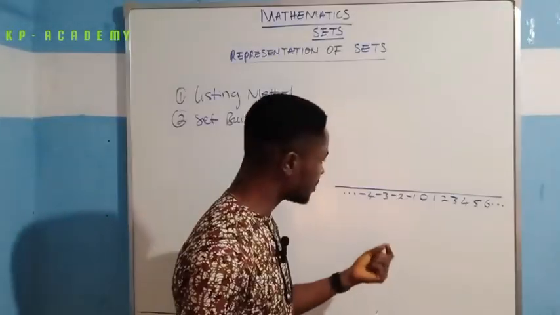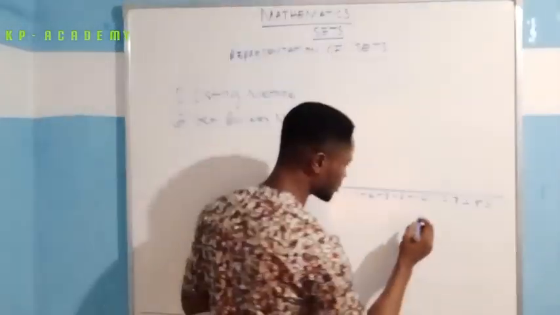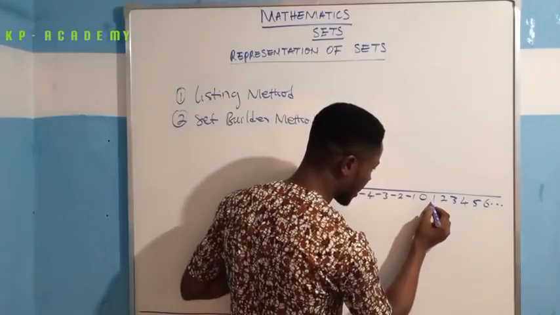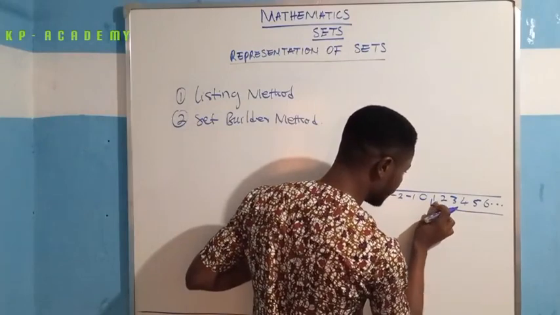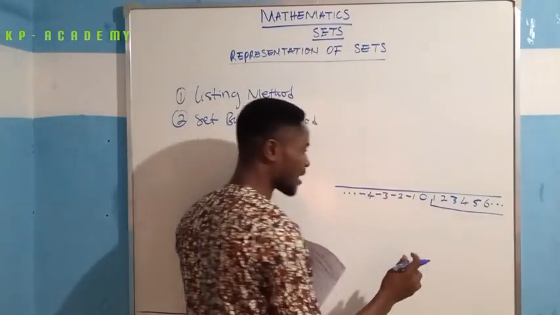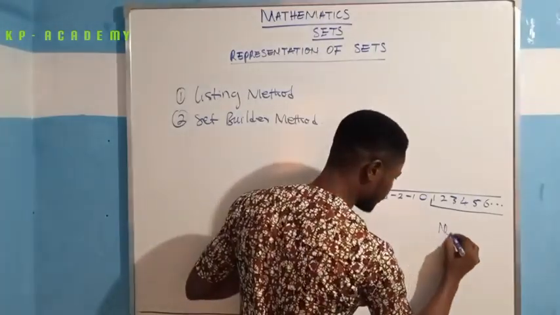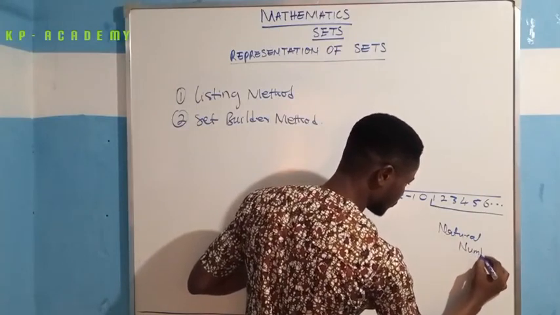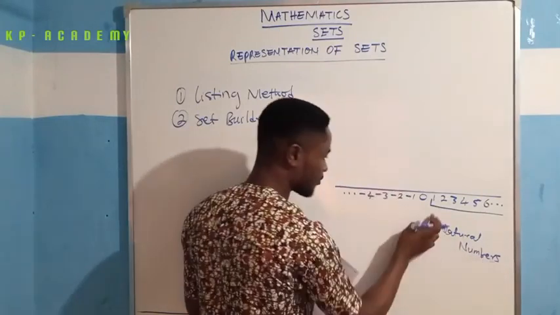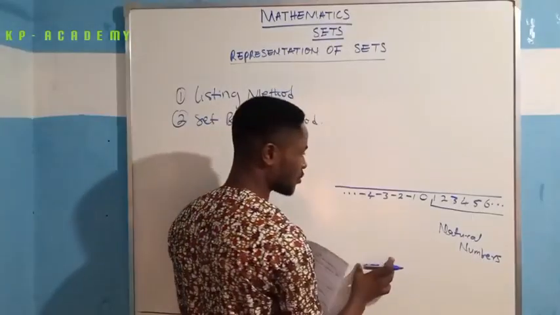Again, talking about natural numbers, now I also want you to understand that from 1 towards the right, from this positive 1 actually towards the right are called natural numbers. Alright, from 1 towards the right are called natural numbers.